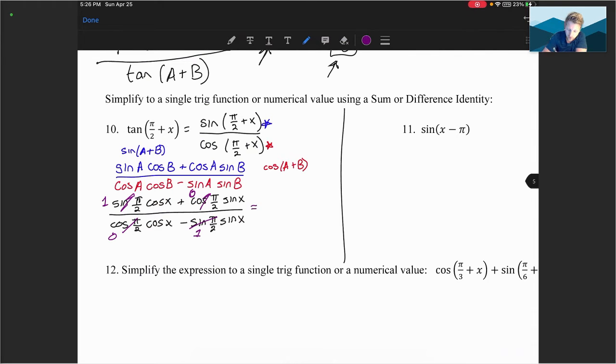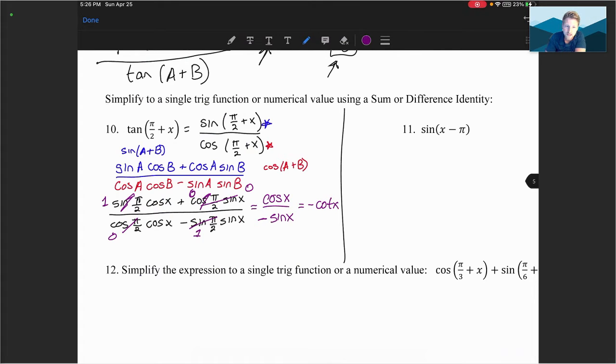We can write this as the cosine of x plus a 0 is going to be leaving nothing for us. And then this will all just go to 0. And then we have a 0 times a cosine x, also going to be 0, and the only term to survive is the minus sine of x. So what we have here, cosine over sine, would be the cotangent function, and this happens to be negative.